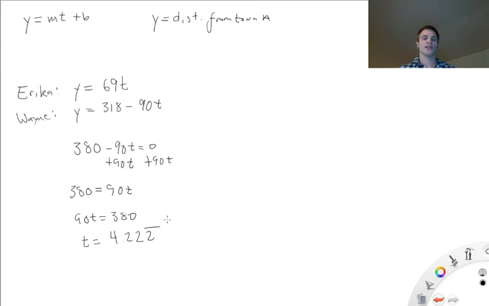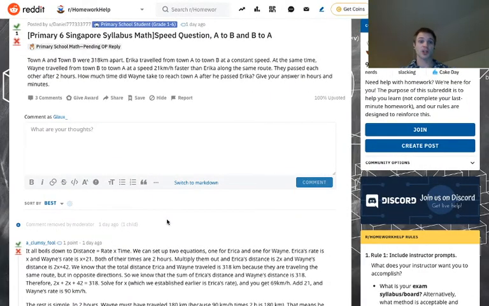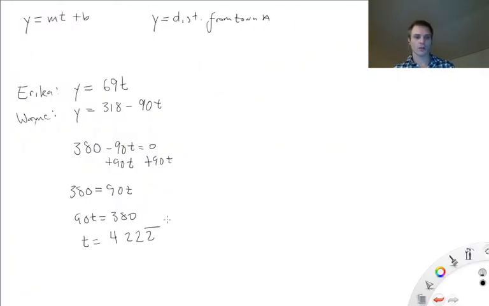Now, let's pay close attention to see if we've actually answered the question. The question says, how much time did Wayne take to reach town A after he passed Erika? So we have not finished. This is how long it takes him to go from B to A. But we don't want to include those first 2 hours.